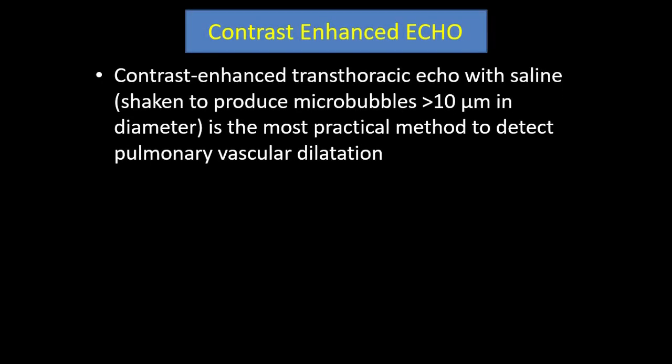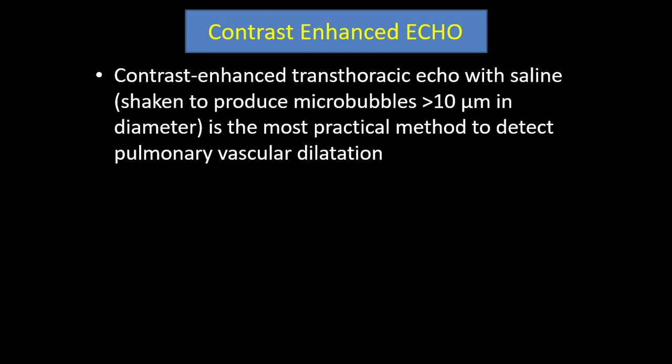What you can do is a contrast enhanced echo. It is basically done using agitated saline. So you have a three-way, attach two syringes and inject saline continuously in both of them. The saline becomes agitated, there is a lot of bubble formation, and then you inject it into the patient.